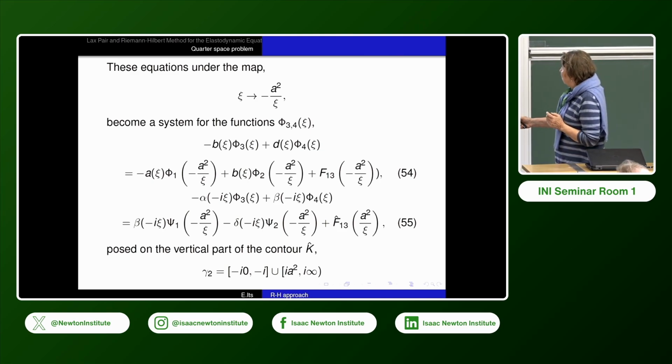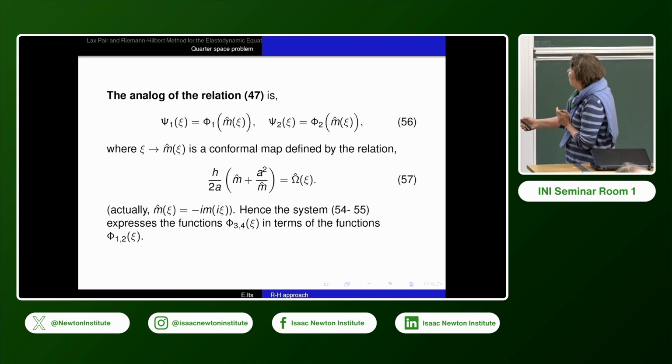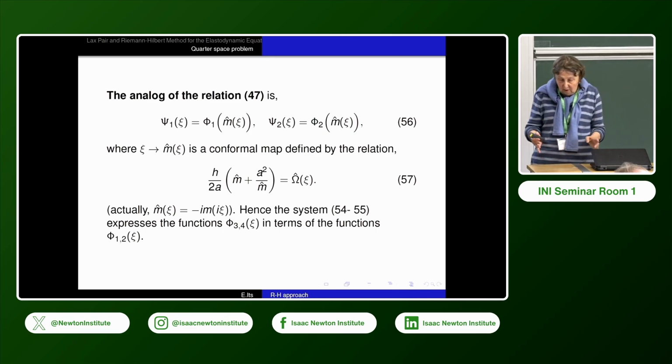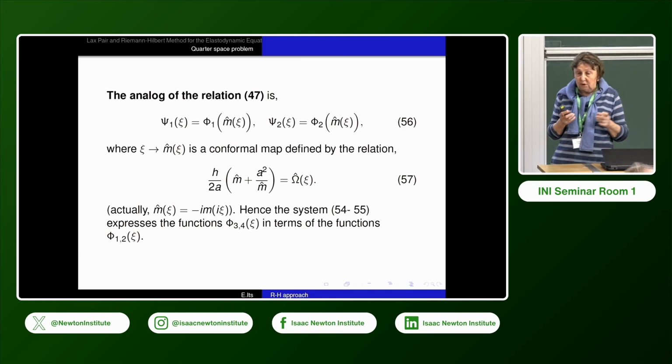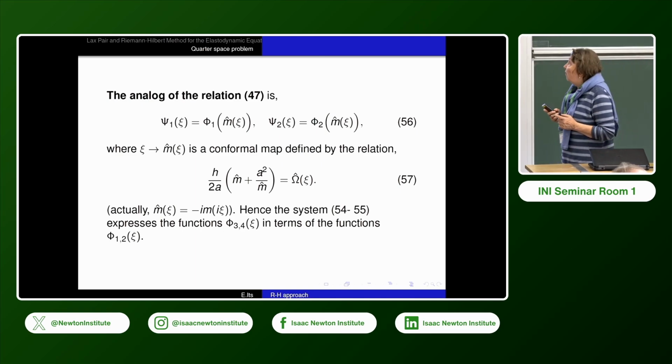So it means, finally, we have two systems, because this second system could also be written in terms of F1 and F3. And we have now the system which expresses phi1, phi2 in terms of phi4 and phi3 functions, and vice versa, the system of phi3, phi4 functions in terms of phi1 and phi2 functions.